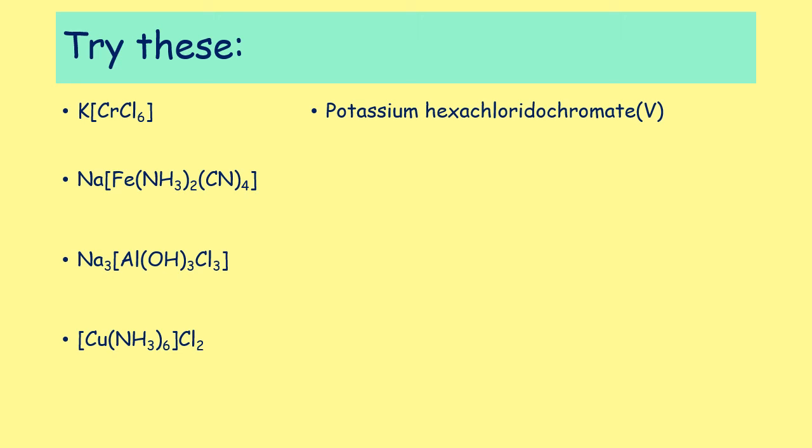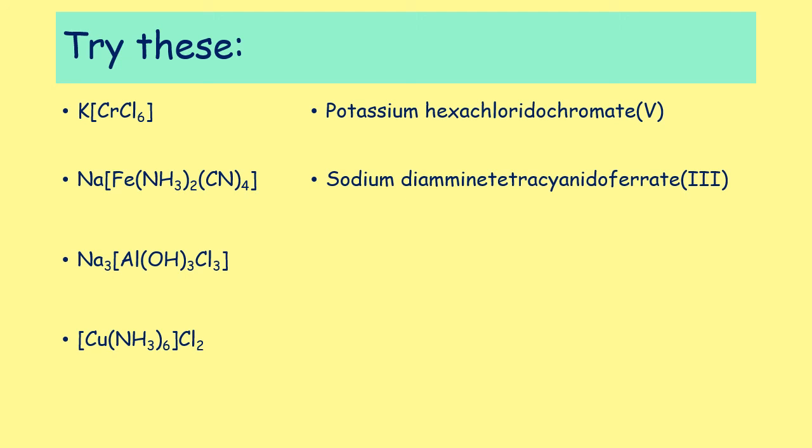The ligands are ammonia and cyanide. If we look at the alphabetical order, ammonia becomes amine, cyanide, cyanido, so the amine is going to come first. We've got 2 amines, we've got 4 cyanidos, so it is sodium diamine tetracyanidoferrate because it was negatively charged.